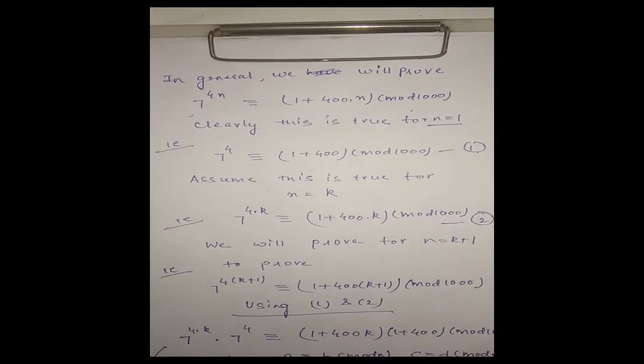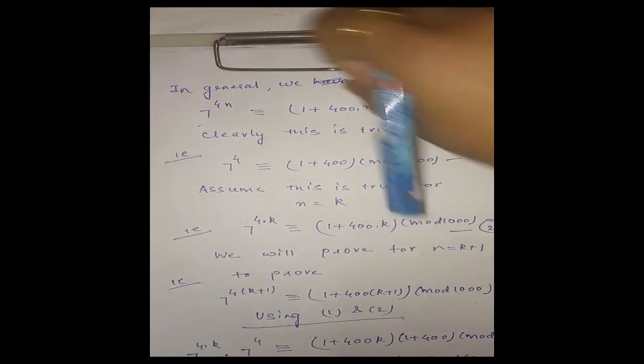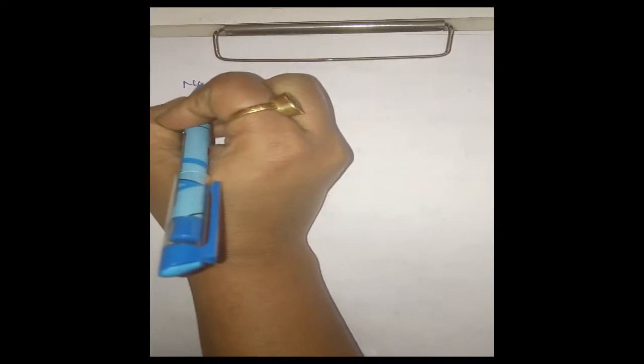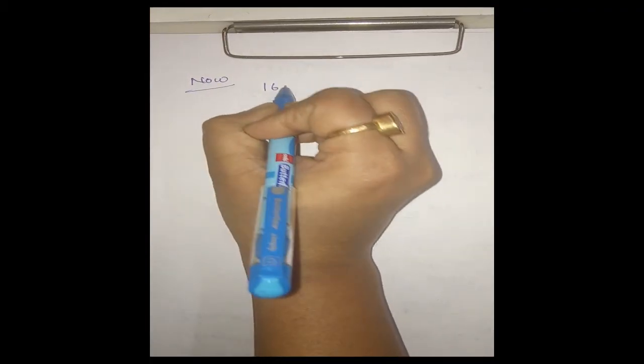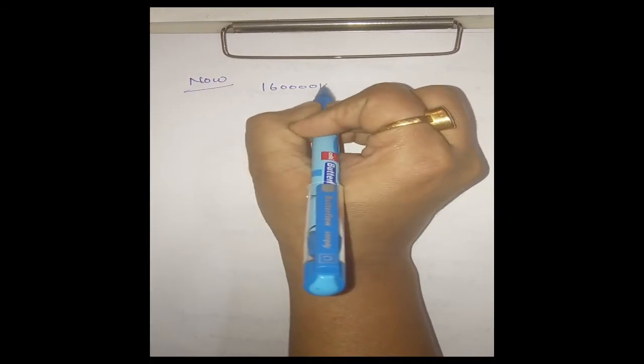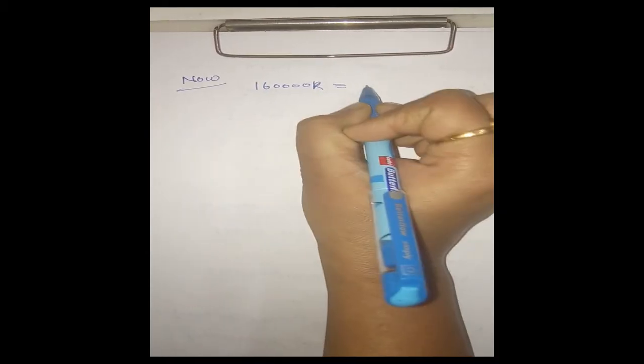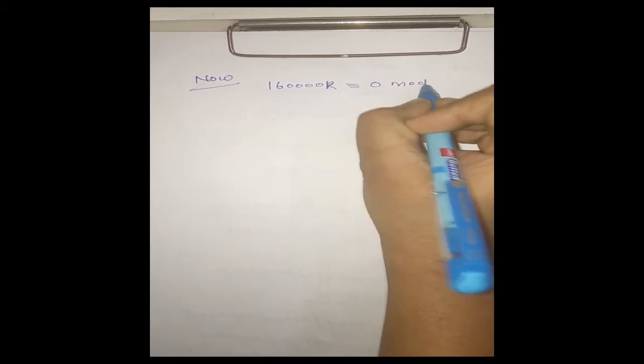Now clearly we have this congruence modulo 1000.